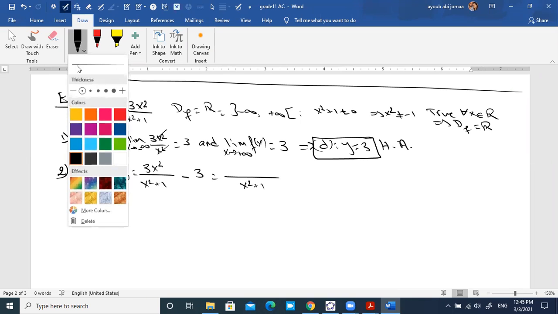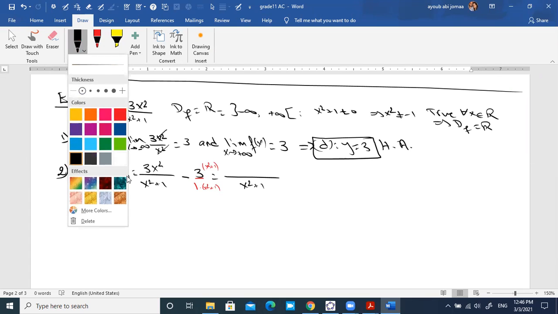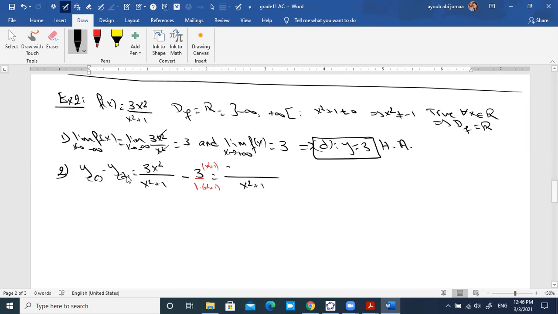Here we have over 1, multiply by x squared plus 1. So it is equal to 3x squared minus 3 times x squared, so minus 3x squared, minus 3 times 1, get minus 3, which is equal to negative 3 over x squared plus 1.